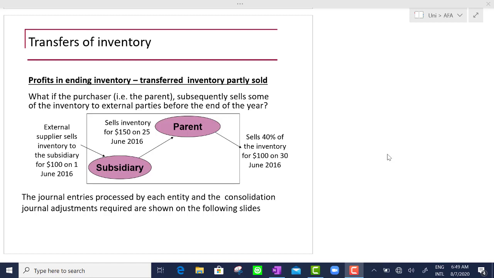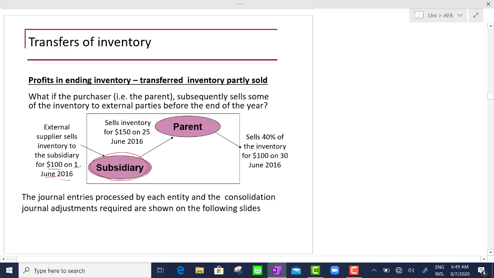Okay, next we will discuss how to adjust for the intergroup sales when the receiving company has sold a part of the inventory to an outside customer. Now think about the example that we have been working on. The subsidiary company had purchased stocks on 1st June 2016 for 100 from the external supplier.